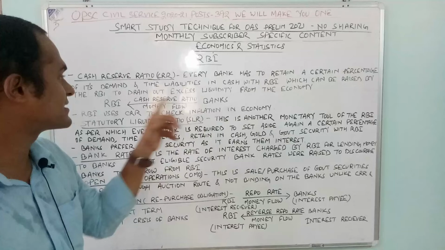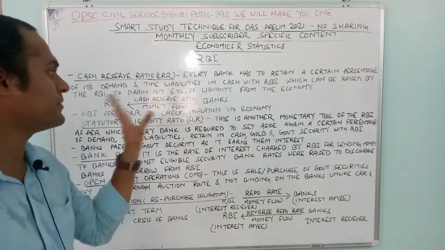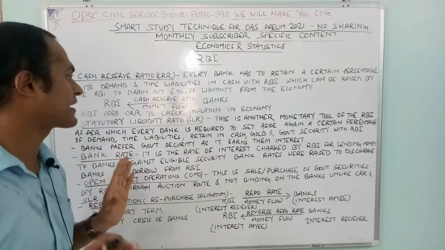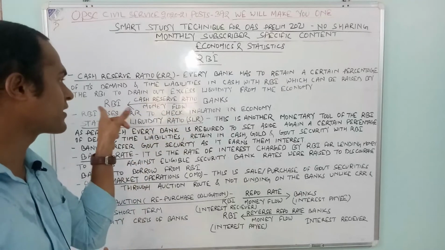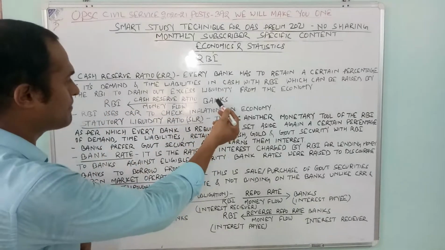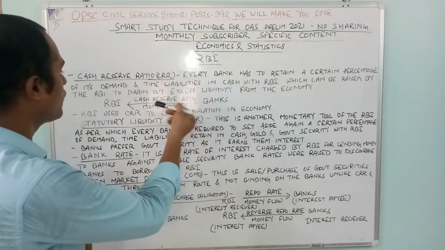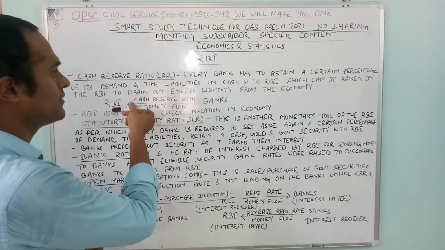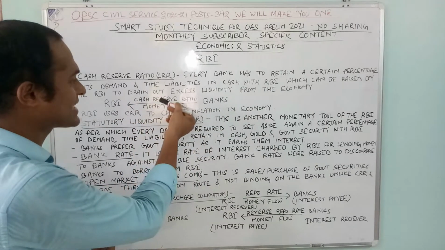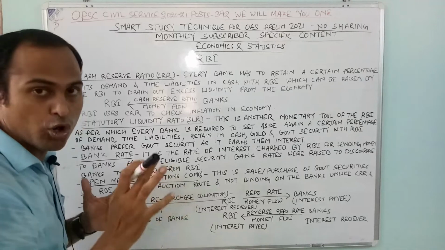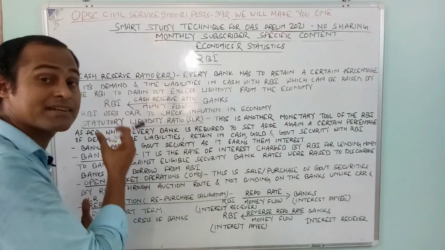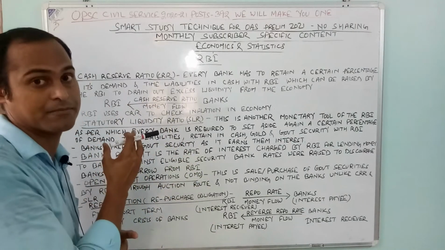So I hope you can easily understand how the cash reserve ratio works. The money flow that banks have to keep with RBI, that is the cash reserve ratio. All the banks have to keep it in reserve with RBI.